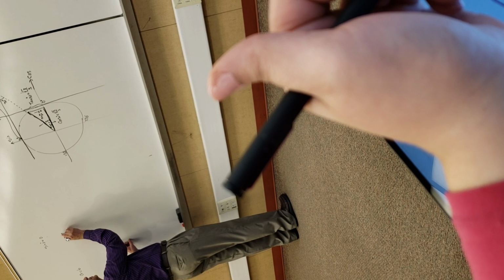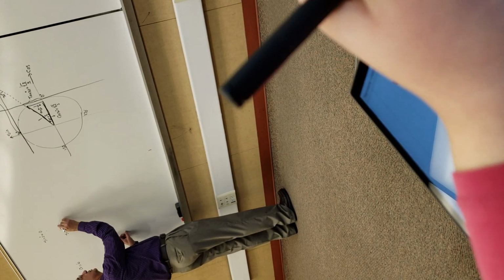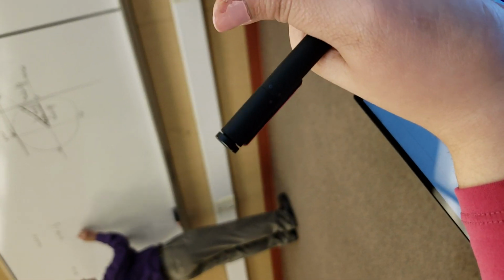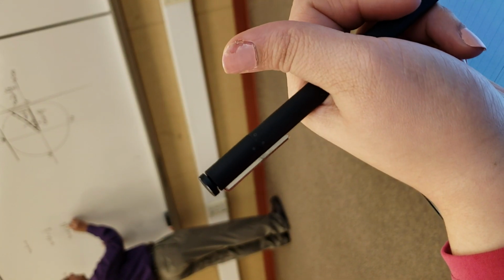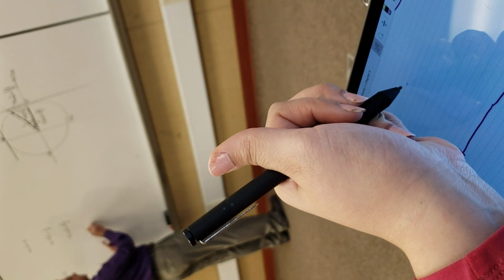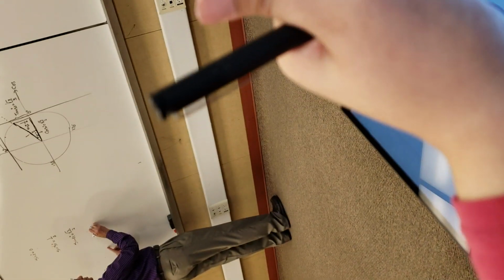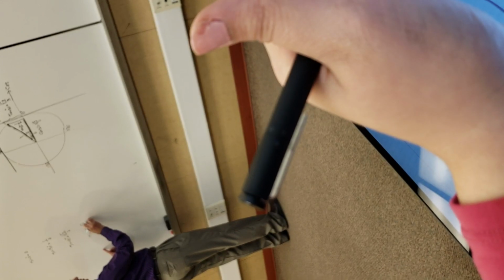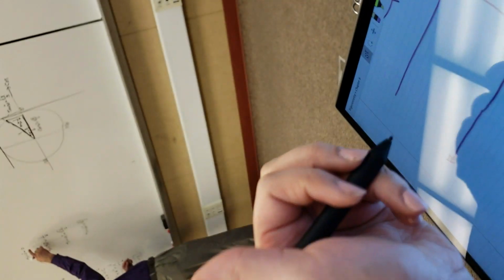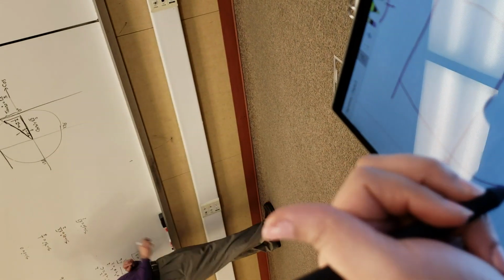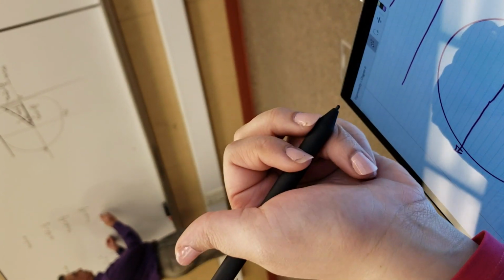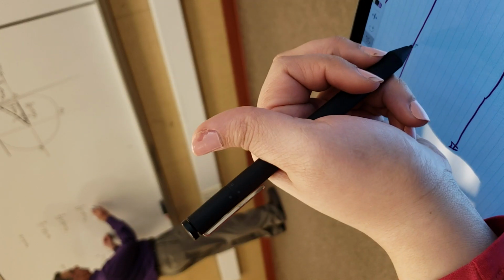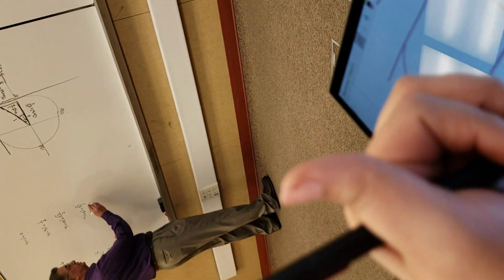How much is that? 1 over 2. How much was sine of 45? These are the things I said, you cannot skip. You cannot postpone them. If you notice, these values keep getting bigger and bigger, isn't it? Once you get to 90 degrees, then you get what? 1.